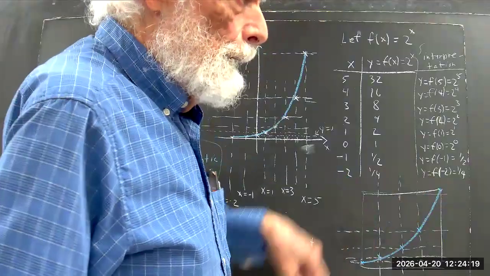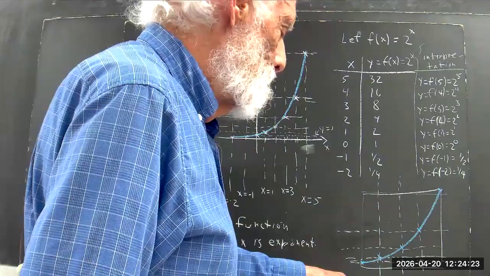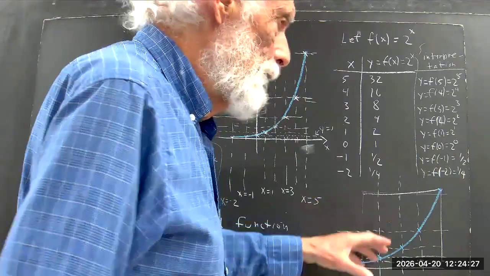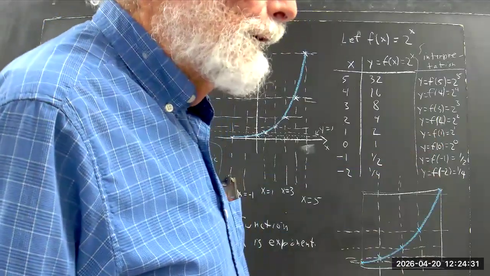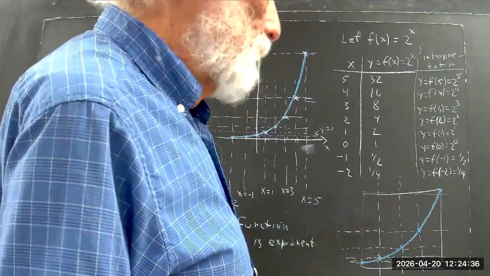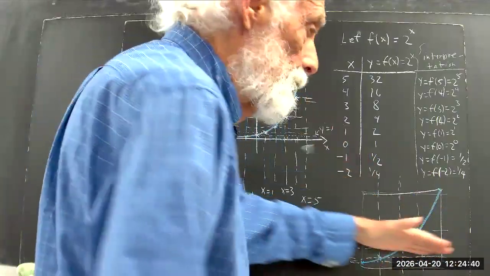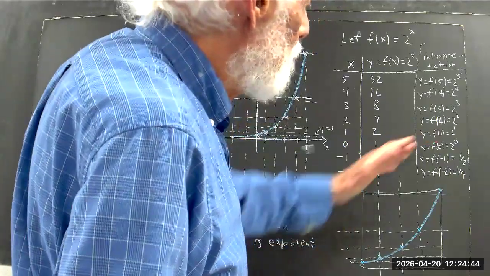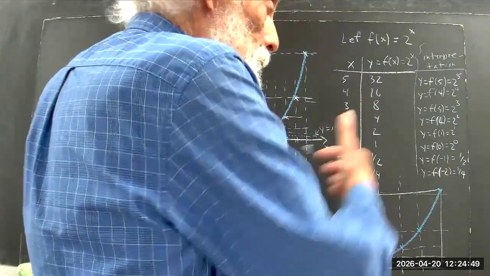This picture is adequate for a hand sketch model of just about any exponential function that's increasing as x is increasing. Want a decreasing exponential function, we flip this thing around. Want an exponential function that exponentially approaches some line up here, we just flip it this way.